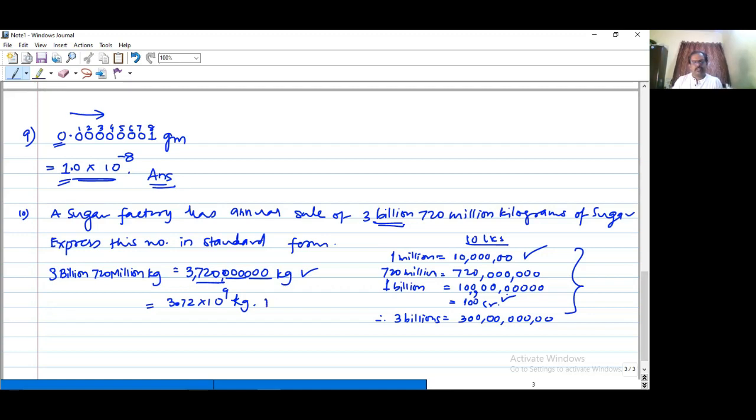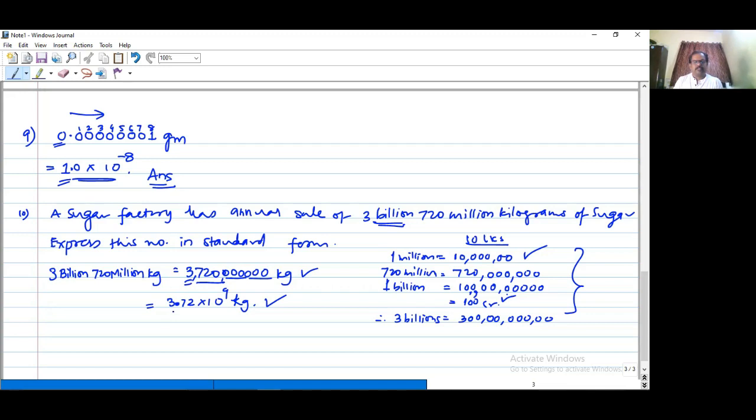So now we need to convert. Now it is easy to convert this into standard form, as the question asks us to express it in standard form, right? In standard form we must have the integer less than 10 and greater than 0. So the first digit here is 3, and we put the decimal after 3 only.